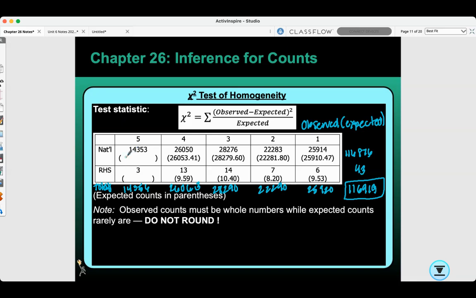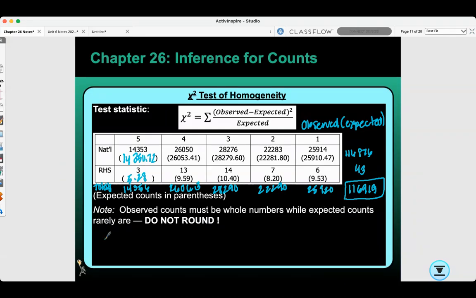And that would be 14,350.72. And for this one, it would be 5.28. Now, observed counts must be whole numbers, while expected counts rarely are. Do not round. So you need to have at least like 2 decimal points for your expected value.